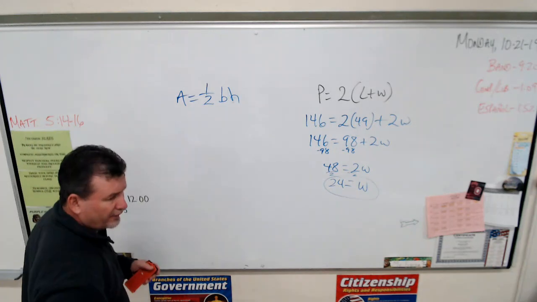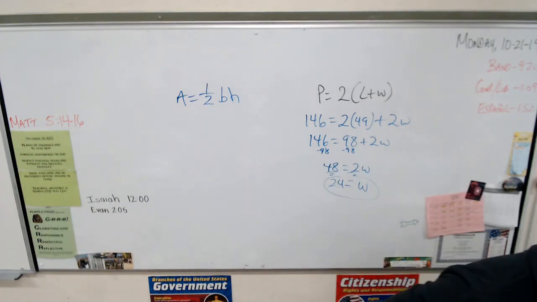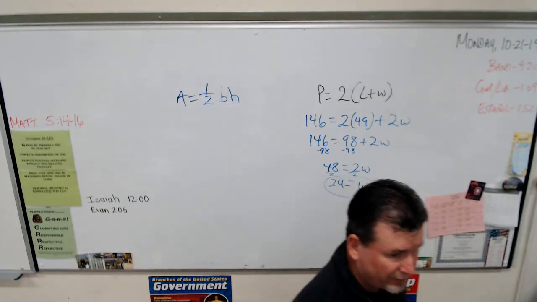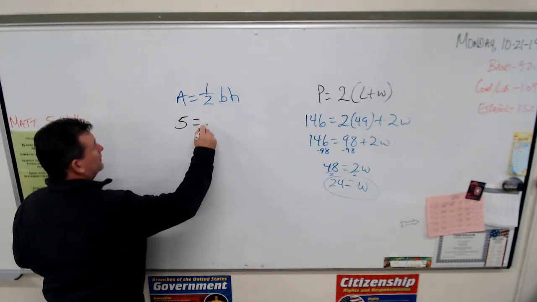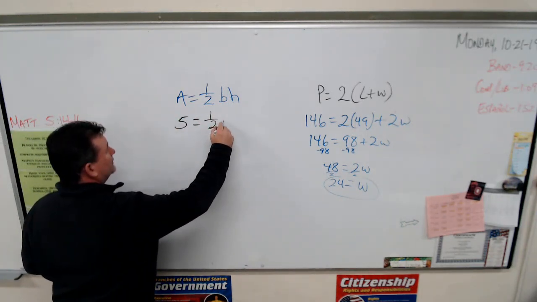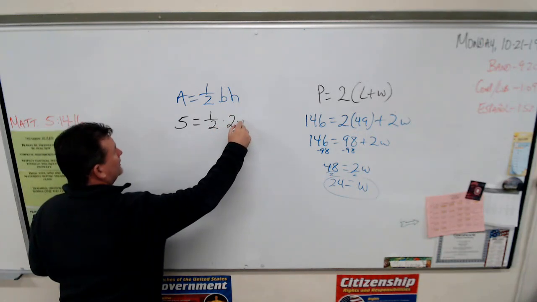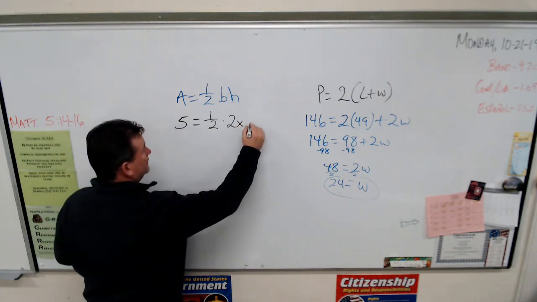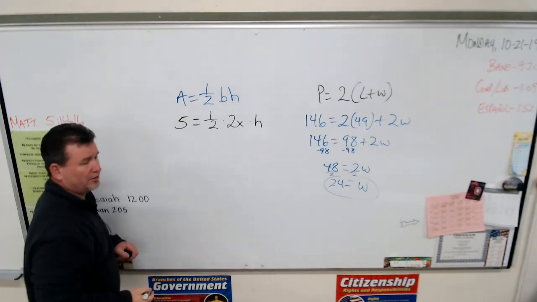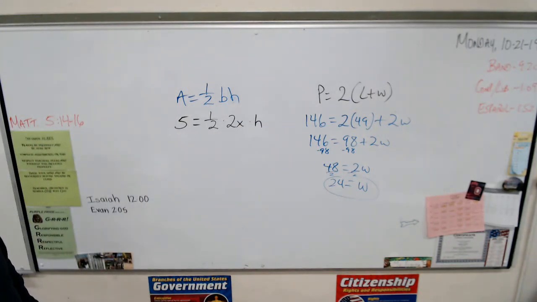What's the area? 5 square meters. What's the base? 2x. 1/2 times 2x, and we need to find h, right? Times h. What's half of 2x? 1x.